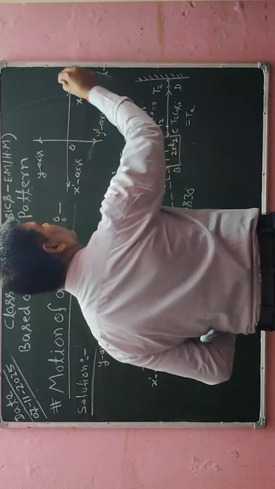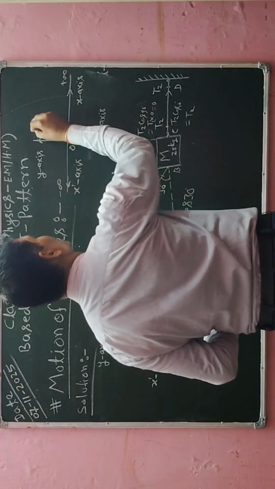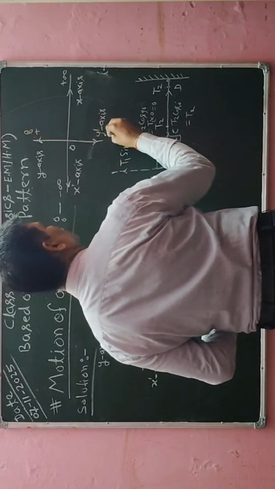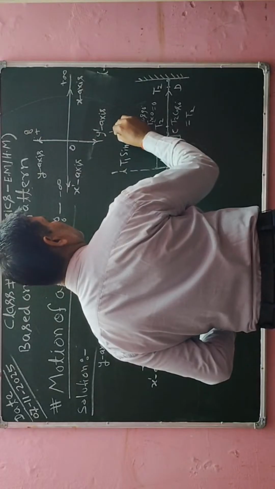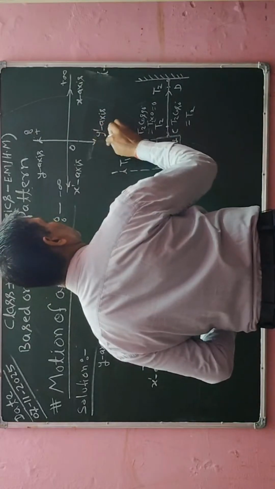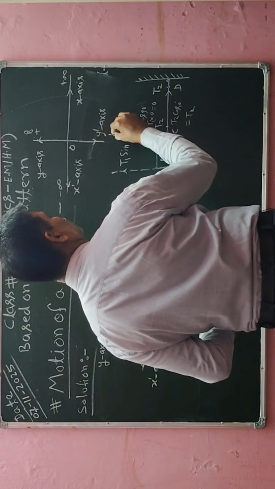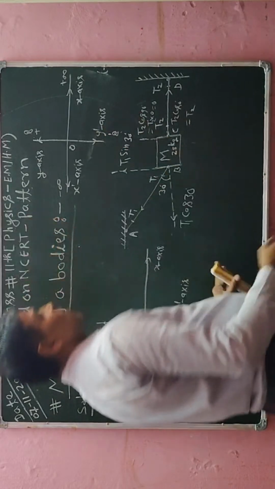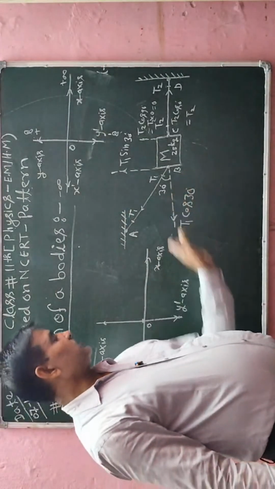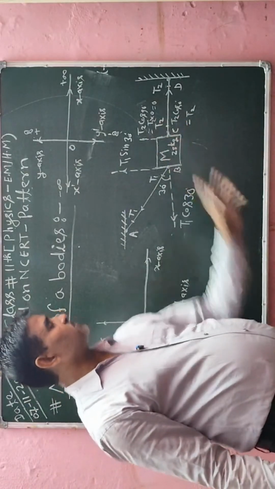Here I will consider plus infinity, and here minus infinity. Similarly, here plus infinity and here minus infinity. We have to follow it positively. I will consider all forces along the negative x-axis equal to all forces along the positive x-axis.